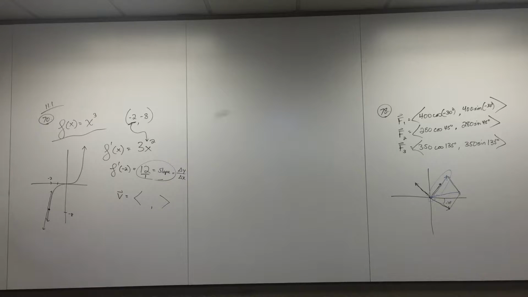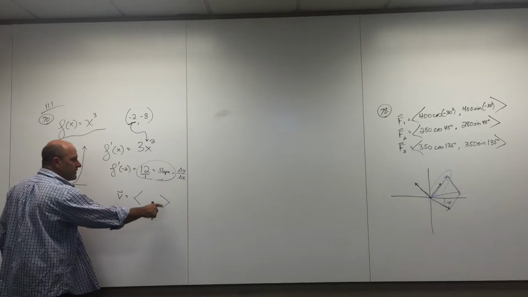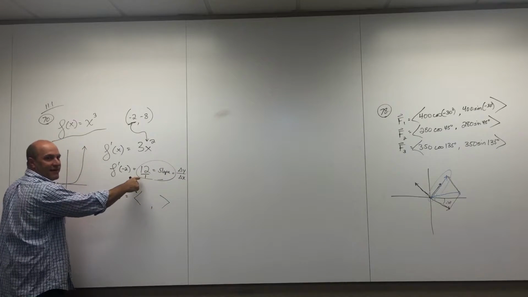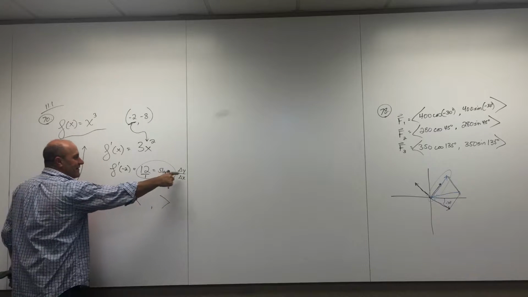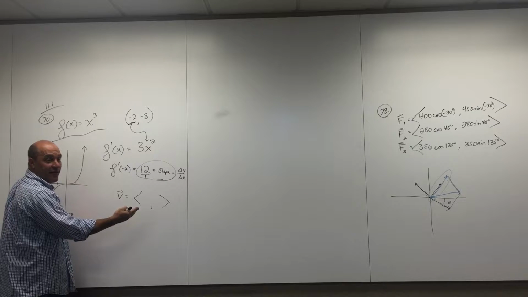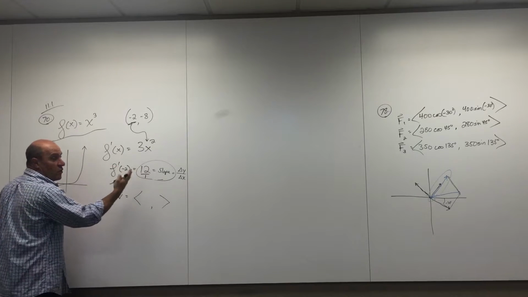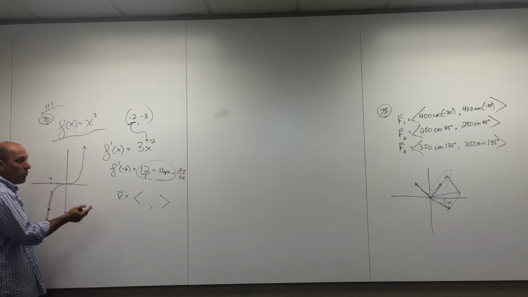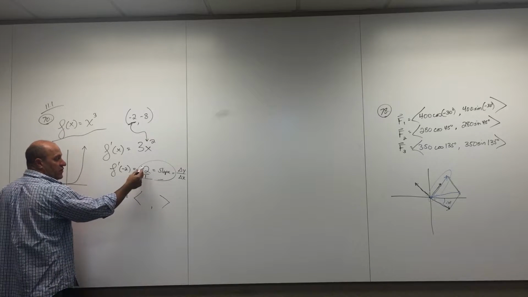Maybe not. Wait a minute. The y is the 12. Oh, I got you. And the x is the 1. I just want to write the vector components that go up 12 and over 1. A slope is a rise over run. It goes up 12 over 1. That's the slope at this point. It's this ratio, 12 to 1.